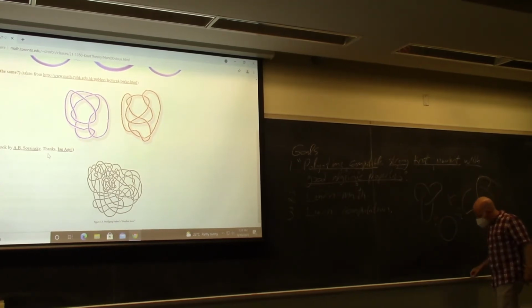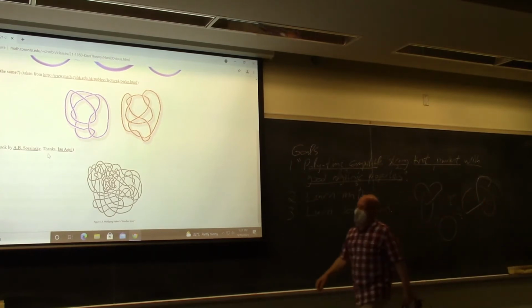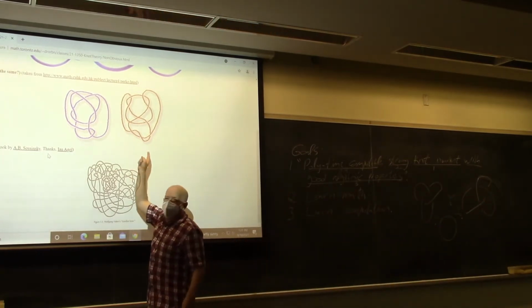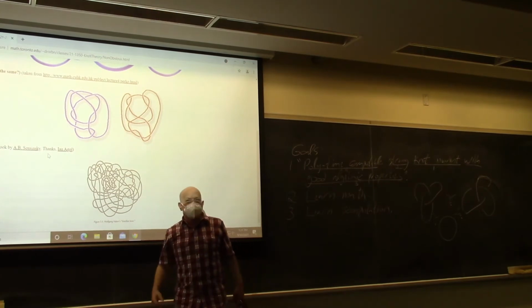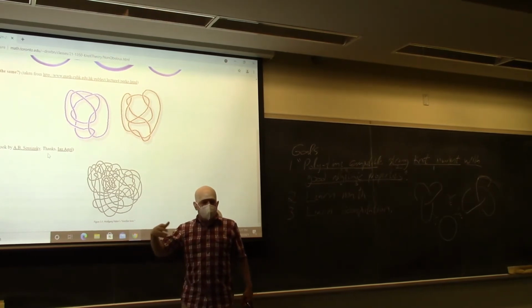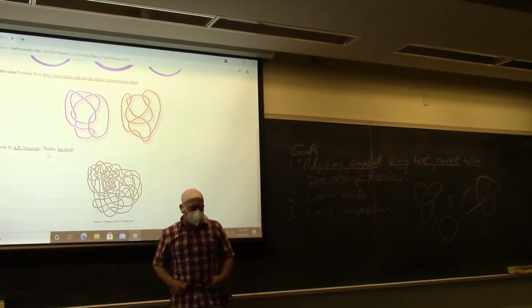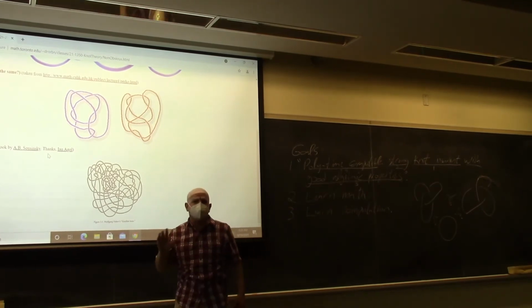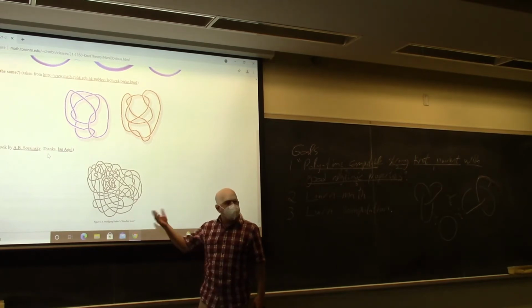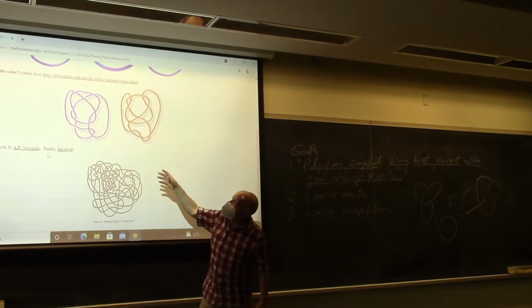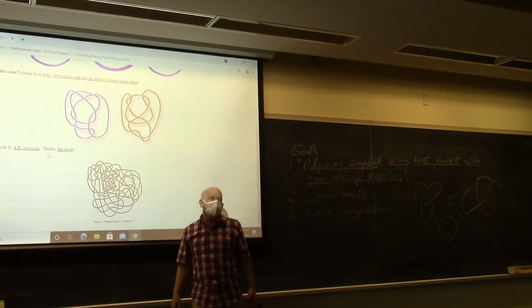Okay? And likewise, the example in the middle, this is the famous Perko pair. In a famous tabulation of knots, I'm forgetting the exact history, and every time I say it wrong, and then later I get an email from Perko that I messed up.